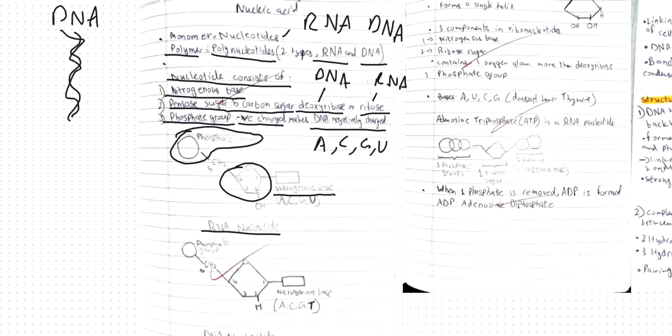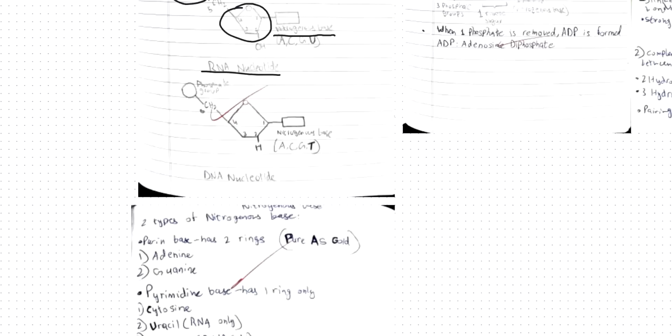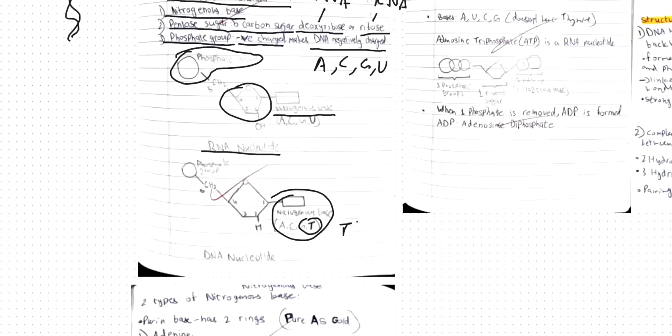Whereas in DNA nucleotide, you'll have a deoxyribose sugar, a phosphate group, and a nitrogenous base, but the U would be replaced with a thymine. So you'll have a T instead of a U. Also remember that the difference between an RNA nucleotide and a DNA nucleotide is that an RNA nucleotide has an OH group, whereas a DNA nucleotide has an H attached to the carbon number 2.